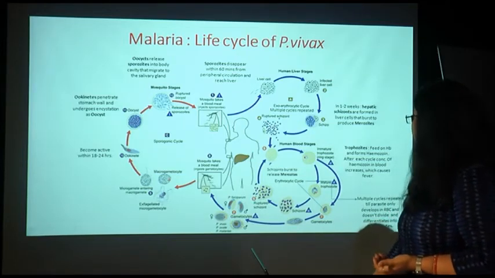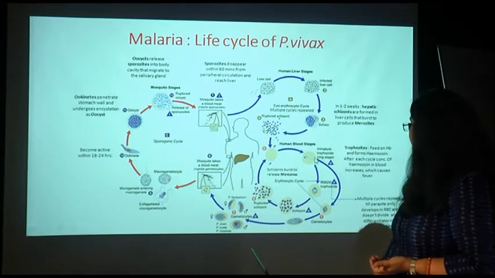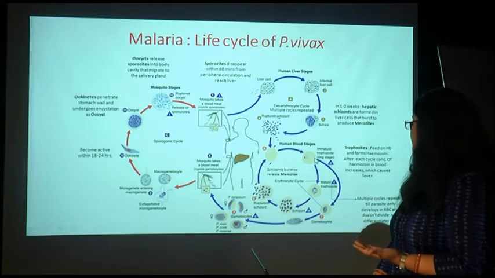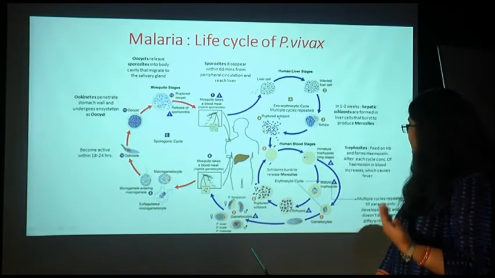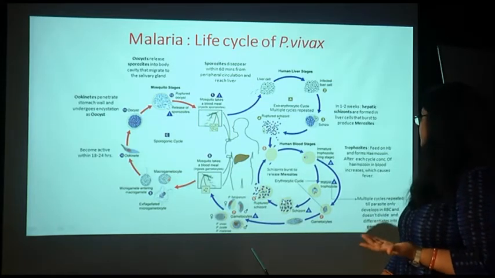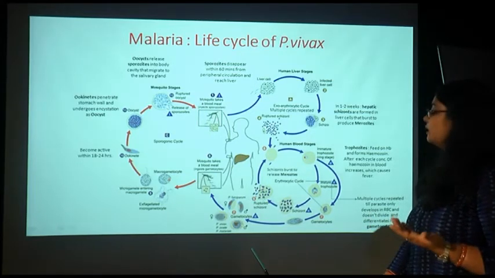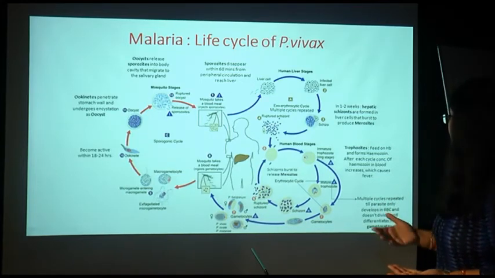Now once released into the bloodstream, these merozoites would go and infect the red blood cells. Now inside the red blood cells, these merozoites would develop further into trophozoites. So the mature trophozoite again would form schizont inside the RBC, and then the schizont stage would rupture to again release merozoites into the bloodstream. So now this cycle is repeated a couple of times.